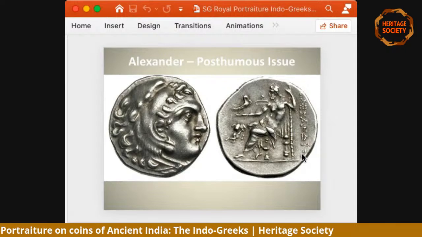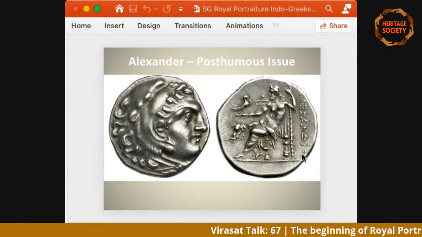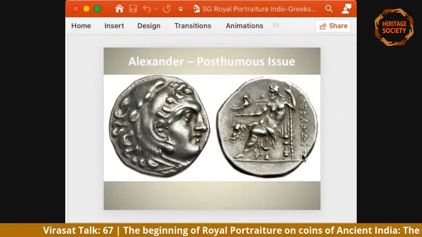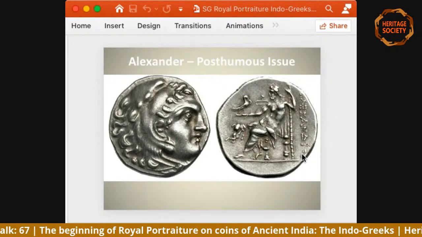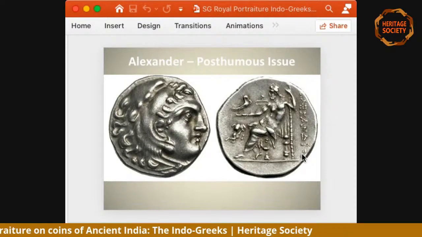So these coins were again posthumous issues in the name of Alexander, and they show two divine figures: on the obverse Heracles, and on the reverse Zeus.